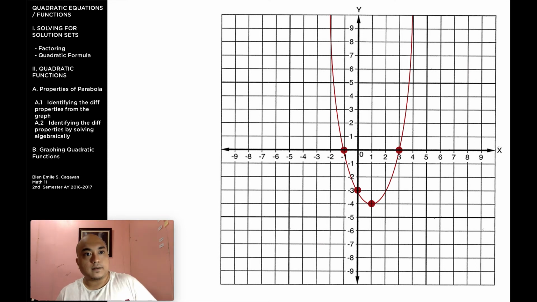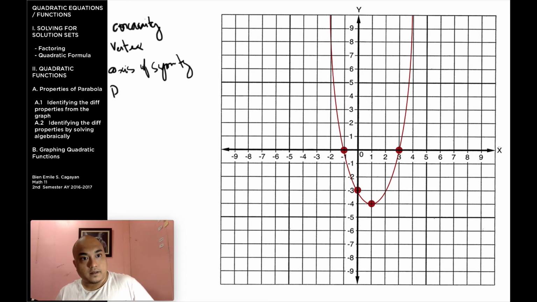So first, we list down the properties: concavity, its vertex, its axis of symmetry, its domain, its range, the y-intercept, and the x-intercept.